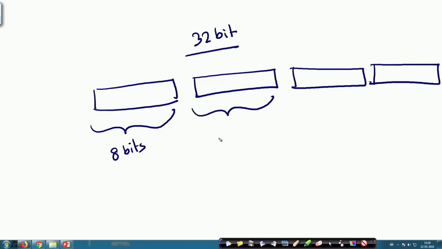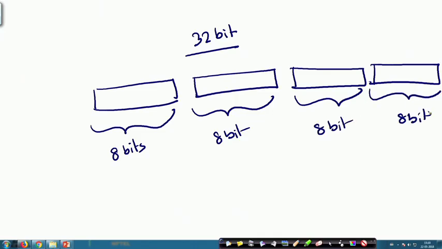Every individual chunk is an 8-bit chunk. So, you have some 8 bits, say 1011, 1011, 1000, 1000, 0110, 0111, 1010, 1100, something like this.